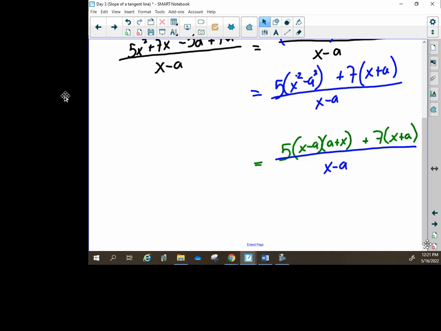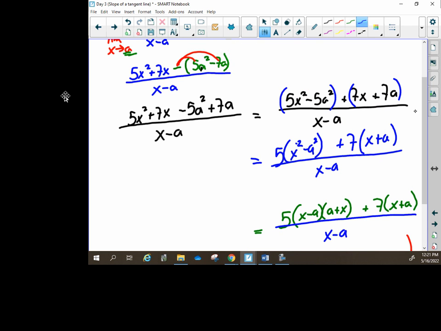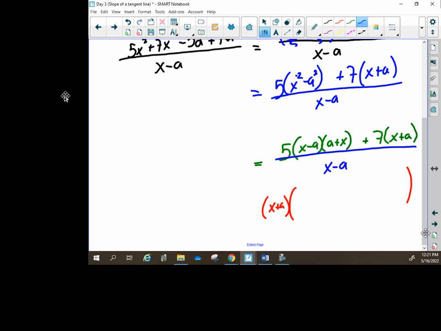I'm going to factor out x plus a. When I factored it out, I basically divided it out of this and I divided it out of that. Okay, does that make sense? So if I divide an x plus a out of this, doesn't that just cancel that part out? And you're left with 5 times x minus a. And you factor an x plus a out of this, and you're left with just 7.